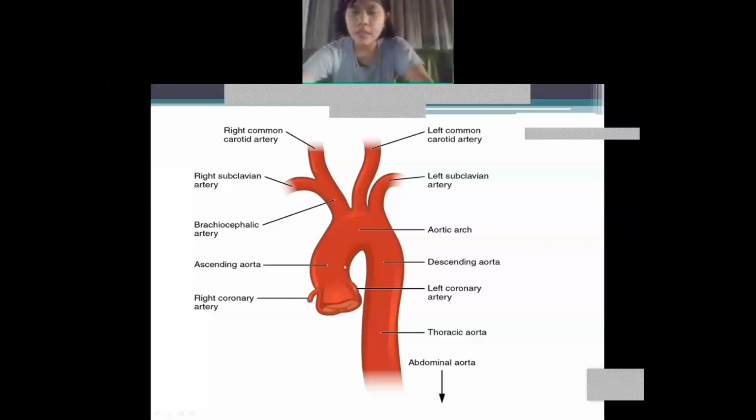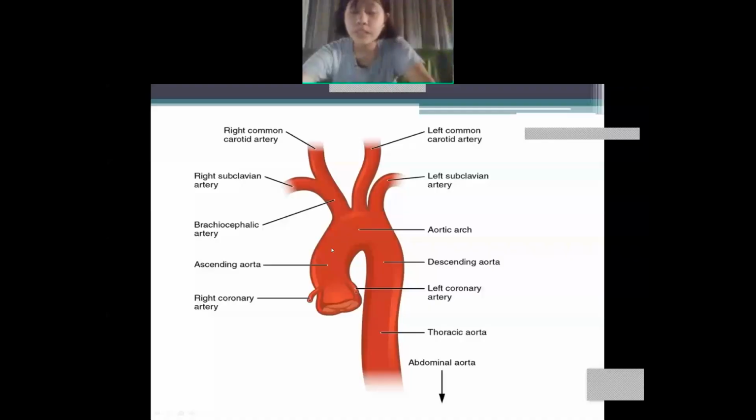I'll repeat again. This arch of the aorta begins from where? It begins from the left ventricle, your heart, right? We will discuss the vascular system in the next class. This aorta is the largest artery in the human body, and it carries oxygenated blood, that is, presence of oxygen.